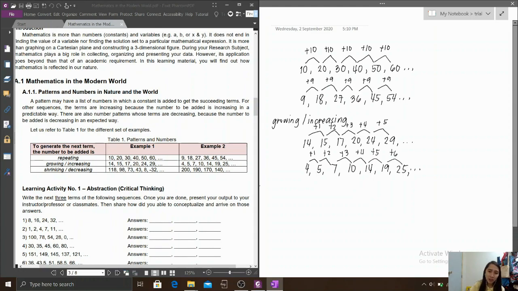Lastly, we have the shrinking or decreasing.